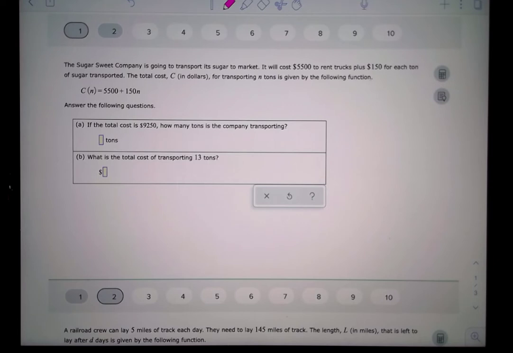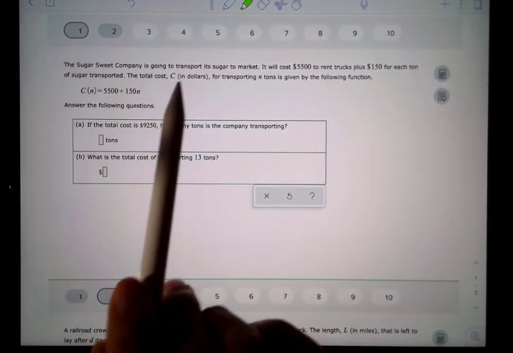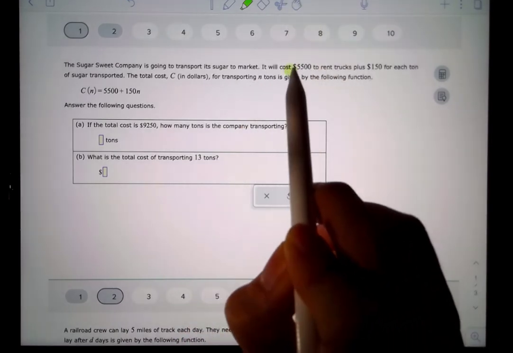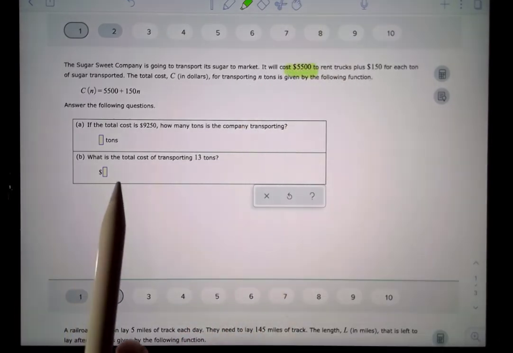Okay, so number 1. You have this kind of thing, guys. The important part is you need to figure out what your input and output are. Look, this company is going to transport, and it costs $5,500 to rent trucks.